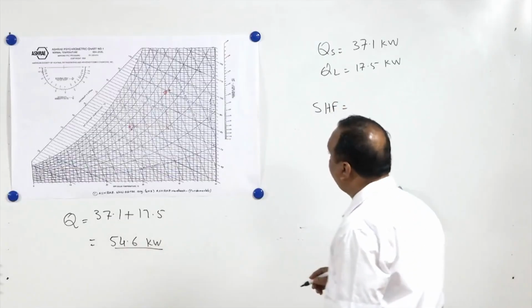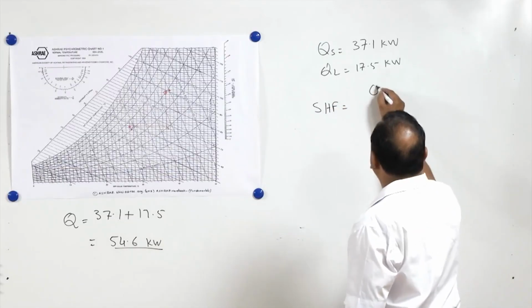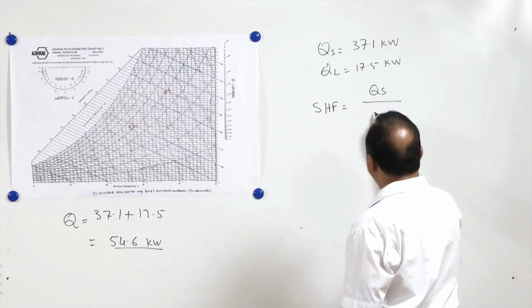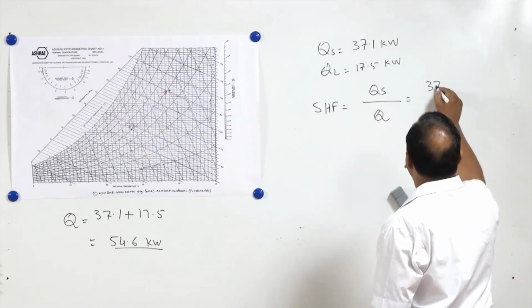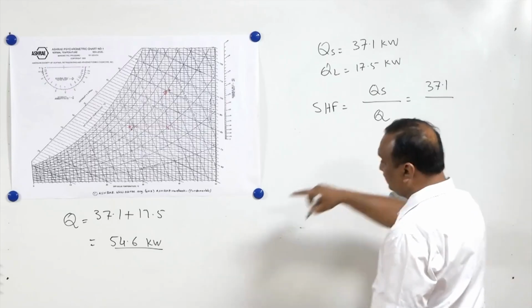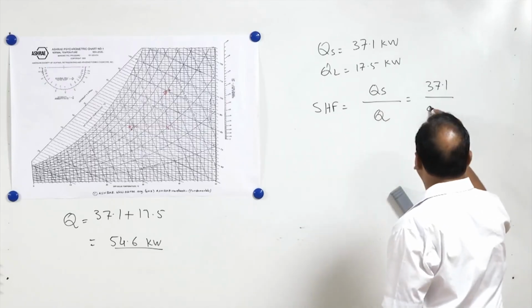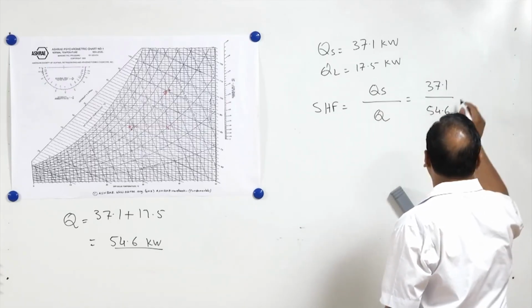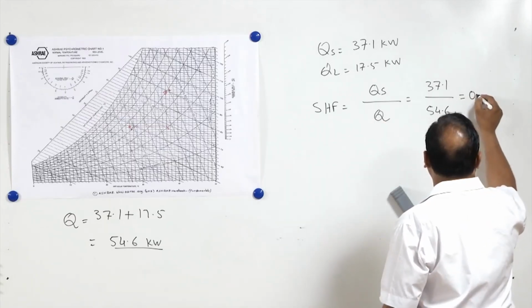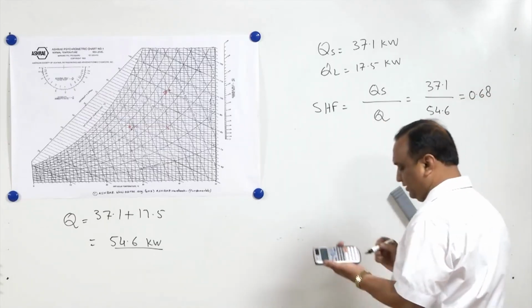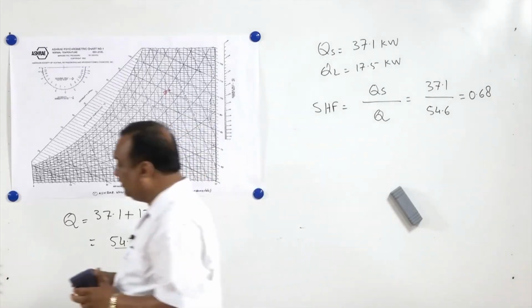The sensible heat factor is sensible heat divided by total heat. Sensible heat here is 37.1 divided by the total heat, 54.6, and this will give the sensible heat factor as 0.68.